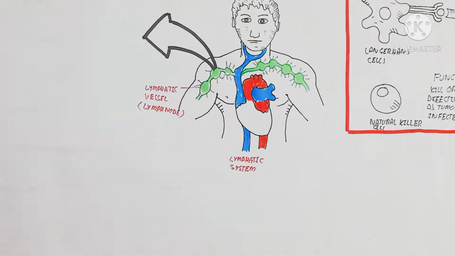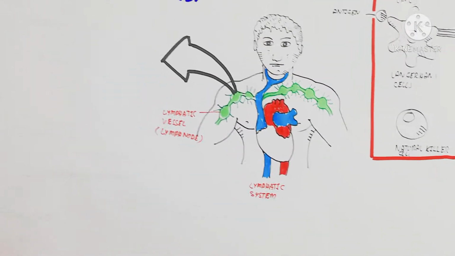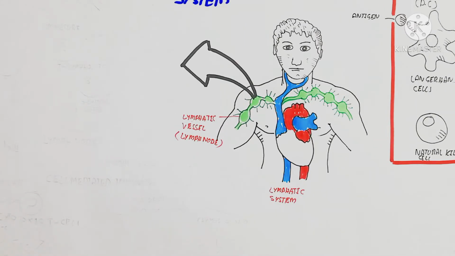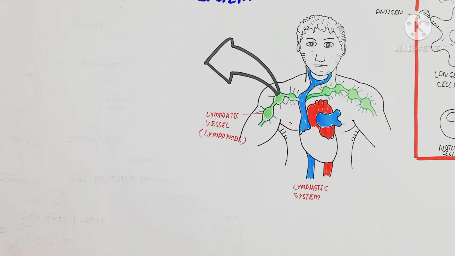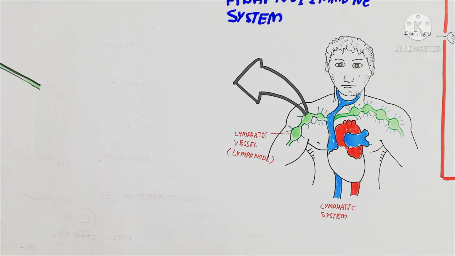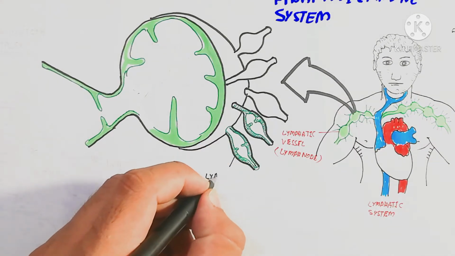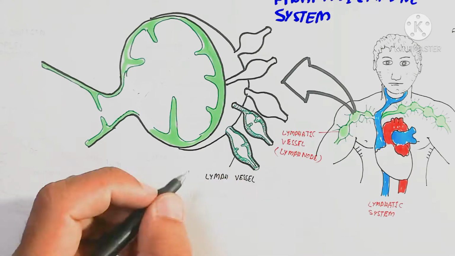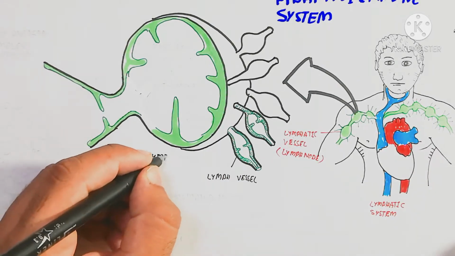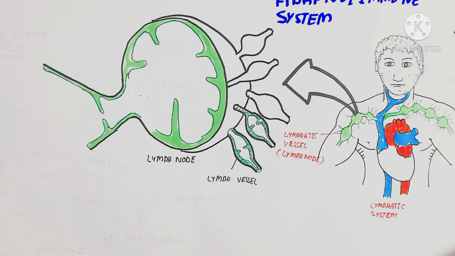Whenever an infection occurs, the T lymphocytes and B lymphocytes are activated by chemokine production from the dendritic cell. The dendritic cell moves toward the lymphatic system and lymph node, and activates the T lymphocytes and B lymphocytes. Here a lymph vessel contains a wall.